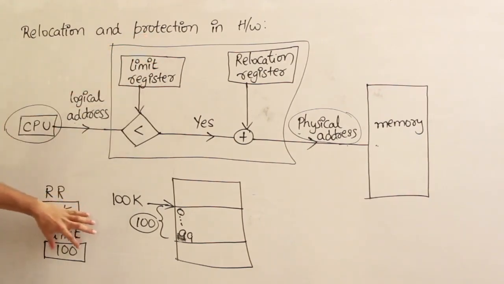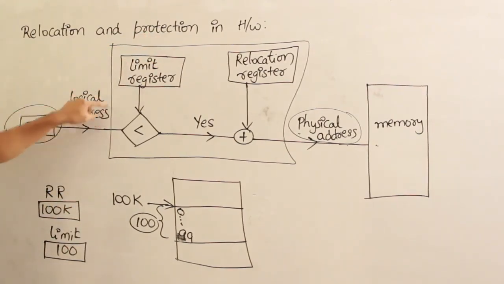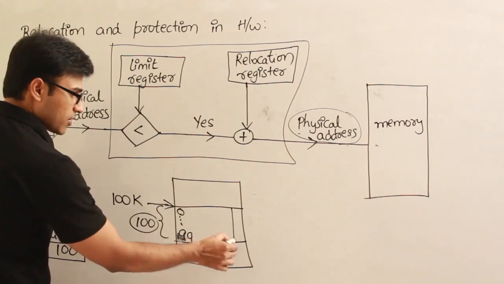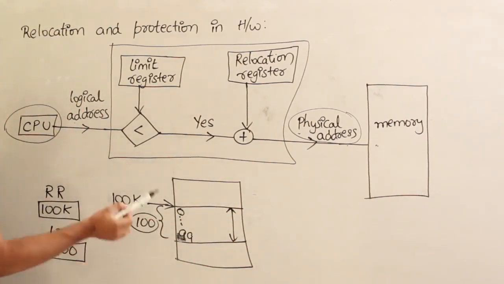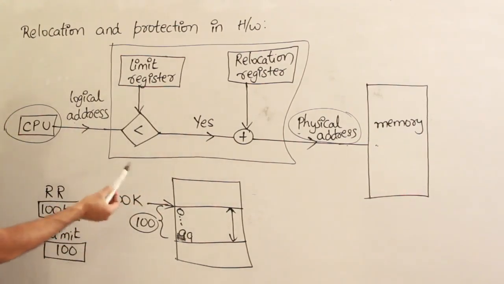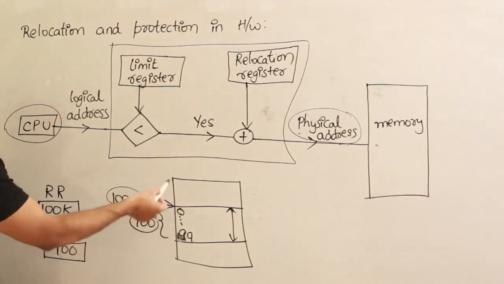So what does the limit register say? 100. Therefore, whatever address you generate, it should be less than 100. If it is less than 100, then definitely we are trying to access memory present in this process itself, right? And now it has to be converted to a physical address. How can you convert it? We take this 100K and add that particular number.